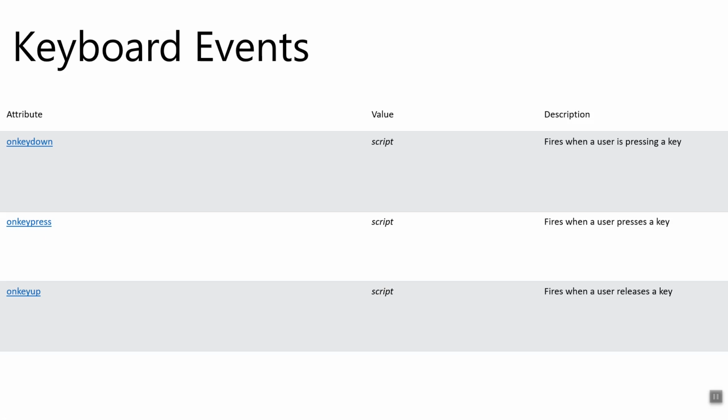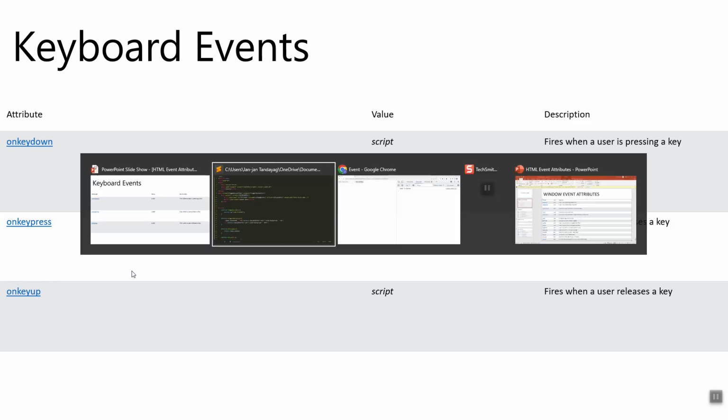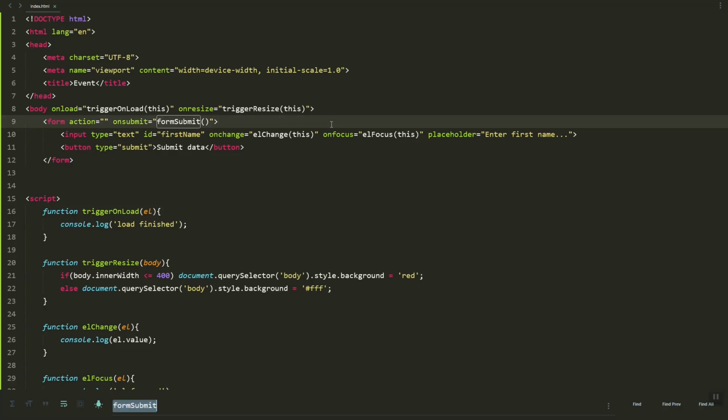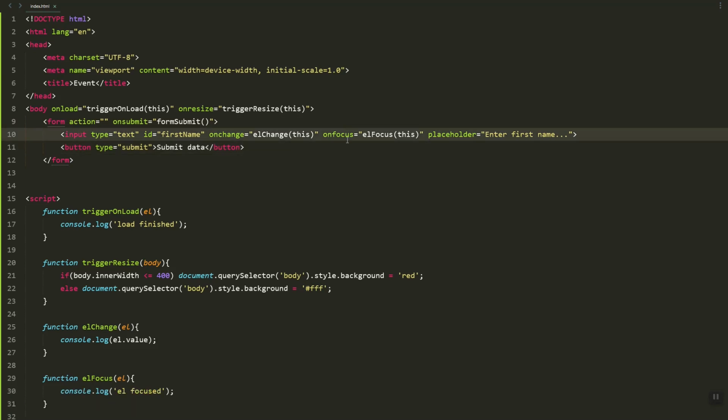So we also have keyboard events. So this is for keyboard. So if you type in a key in the keyboard, then this attribute, we can use this one to capture which key is clicked by the user.